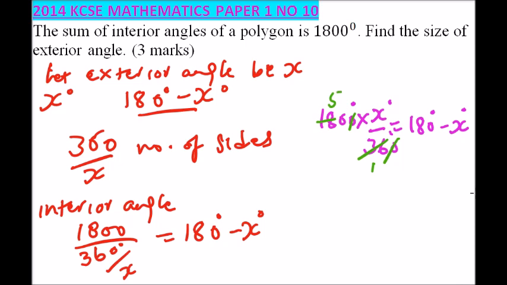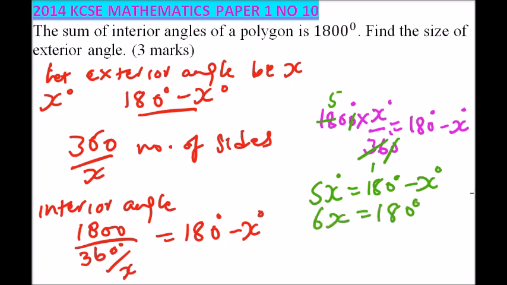So you have 5x is equal to 180 minus x. Bring x to the other side, we have 6x is equal to 180 degrees. So x is equal to, you divide both sides by 6, 30 degrees, which we had said is the exterior angle x. So that is how you work out the question, and you get yourself 3 marks.